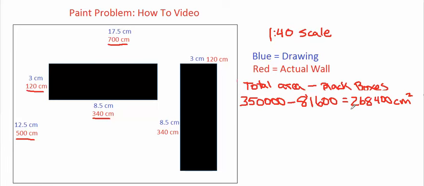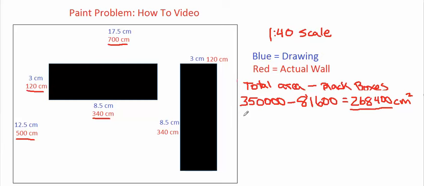So my total area that I need to paint is 268,400 centimeters squared. So my unit changes from centimeters, if I'm just doing one length or a width, to centimeters squared because I multiplied centimeters by centimeters. So it says in the paint problem that we're actually going to paint this wall twice.